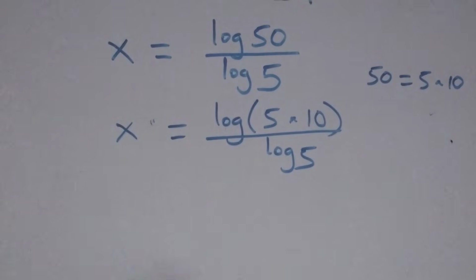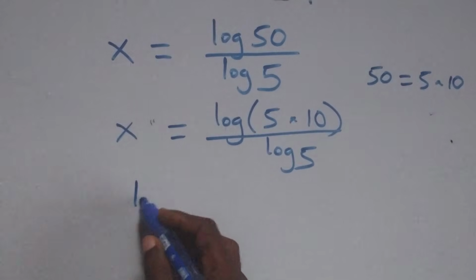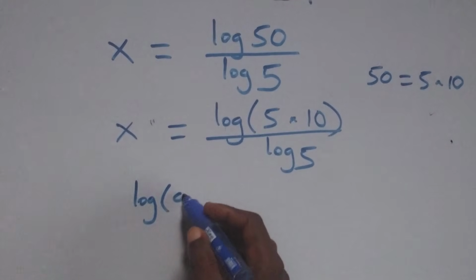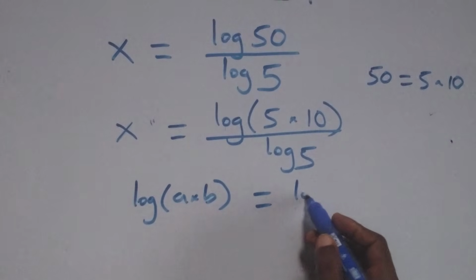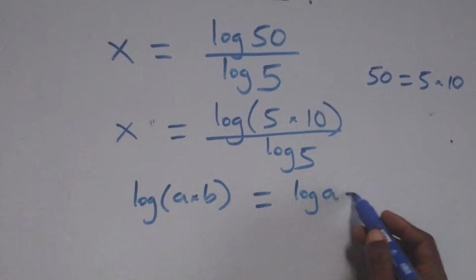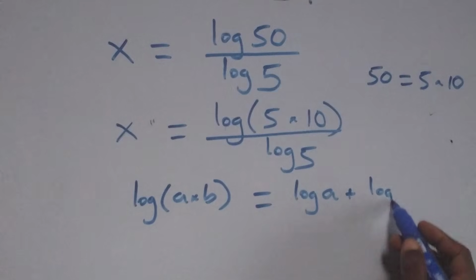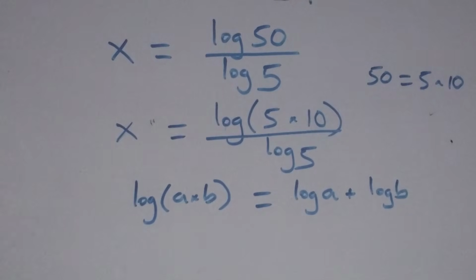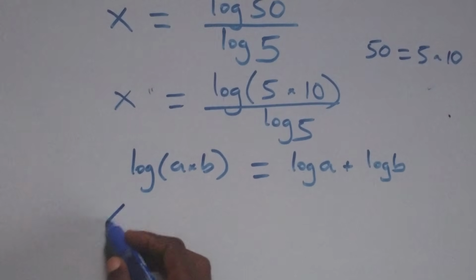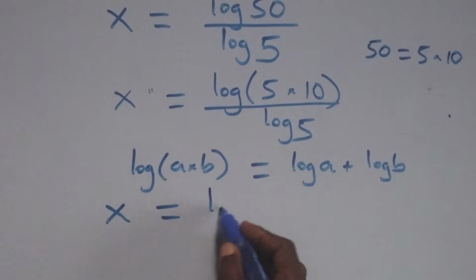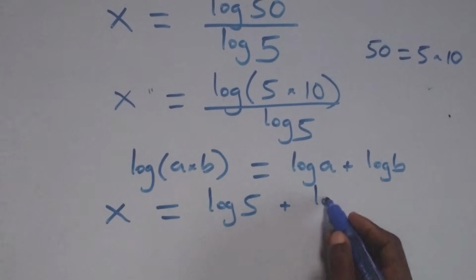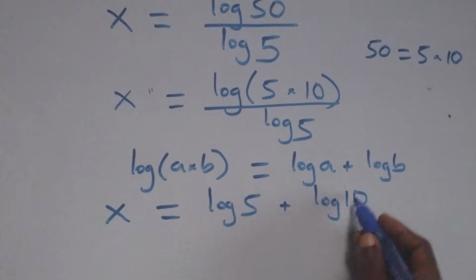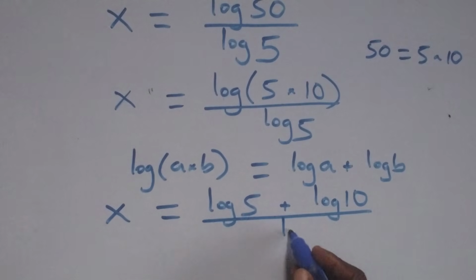This follows from the law of logarithm: when we have log a times b, this is the same thing as log a plus log b. So from here I write x equals log 5 plus log 10 over log 5.